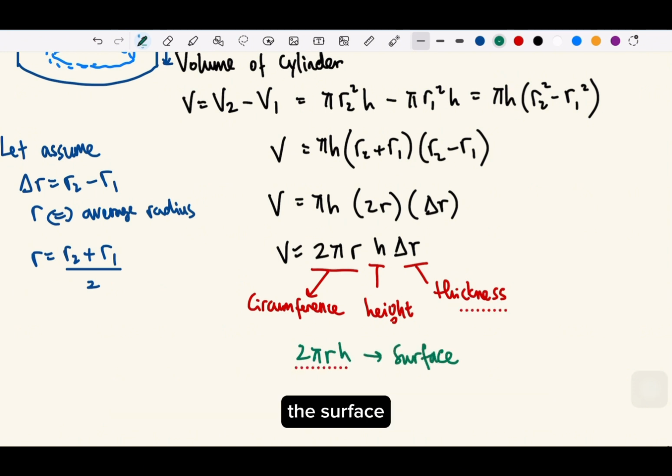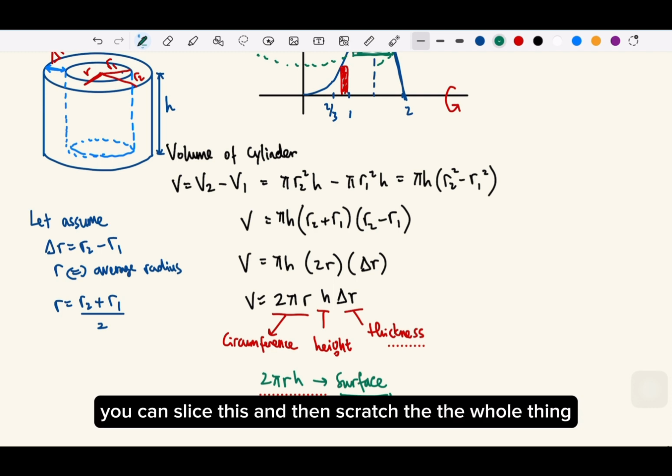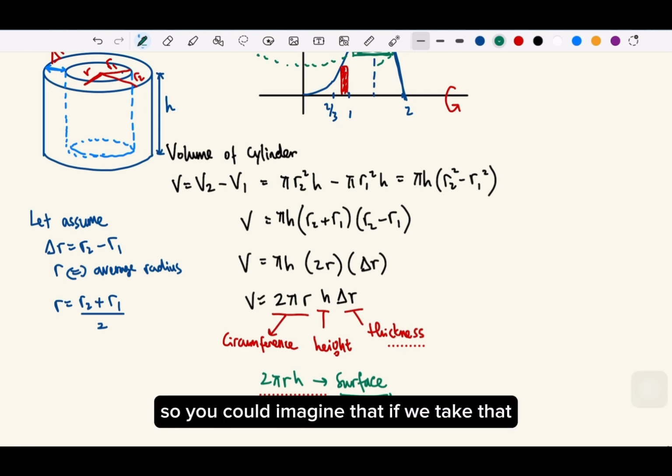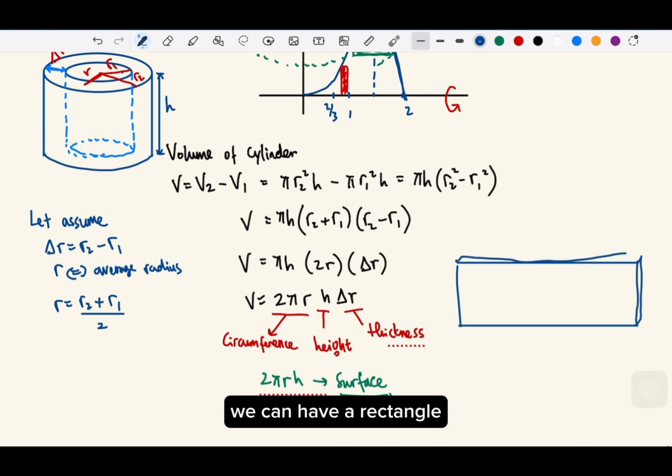The surface. Or you can slice this up. You can slice this and then stretch the whole thing. So you could imagine that if we take that, we can have a rectangle.